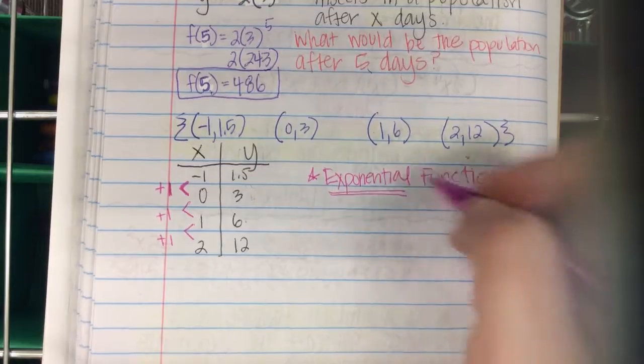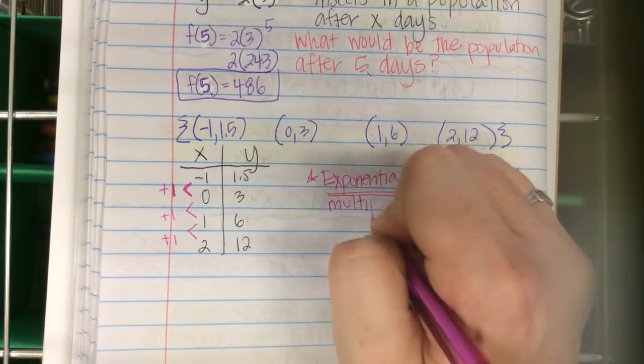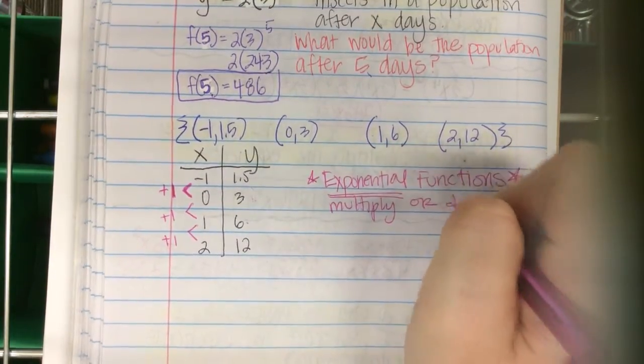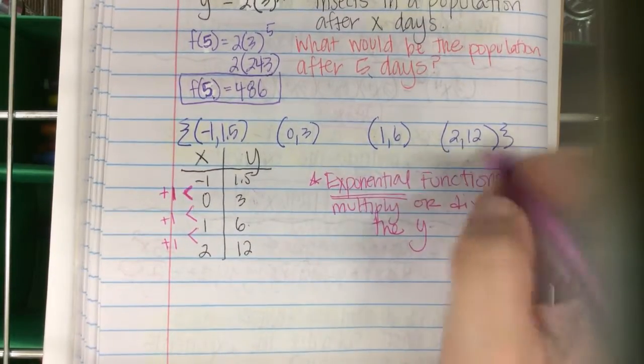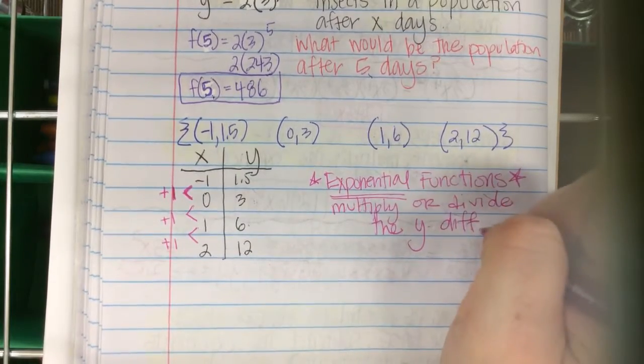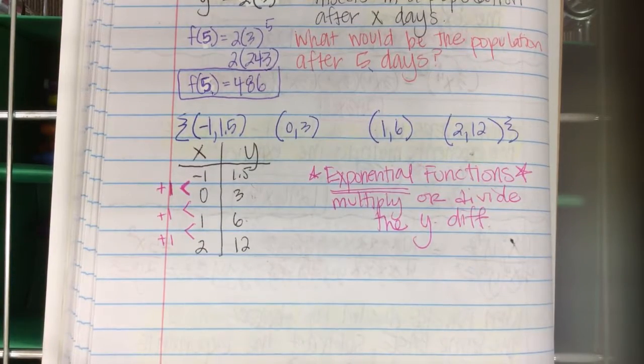Exponential functions, we multiply or divide the y differences. Does that make sense? Our change in y value needs to be a multiply or a divide in order for it to be exponential. If it's an add or subtract, it's linear. But if it's multiply or divide, it's exponential. If it's neither, there is no pattern. It's not a function yet.